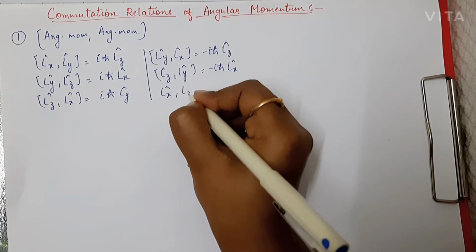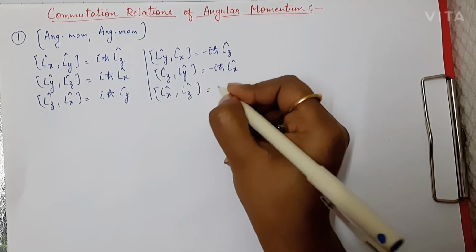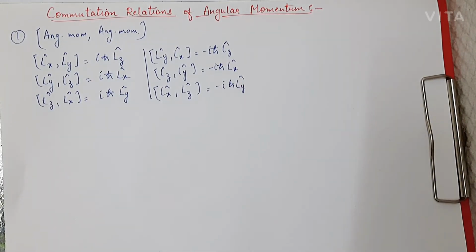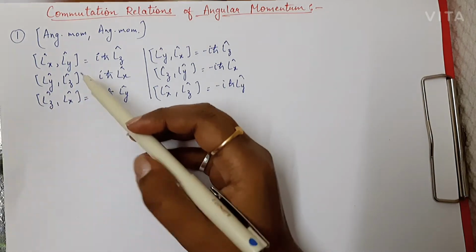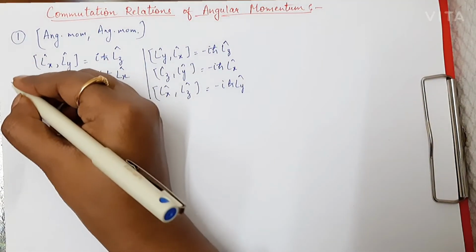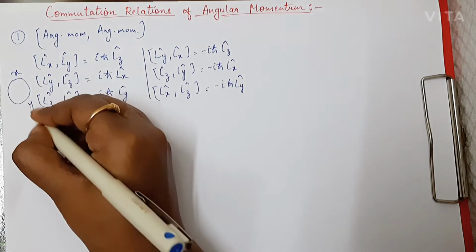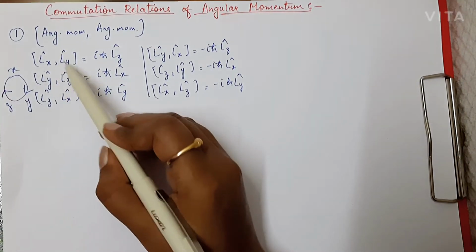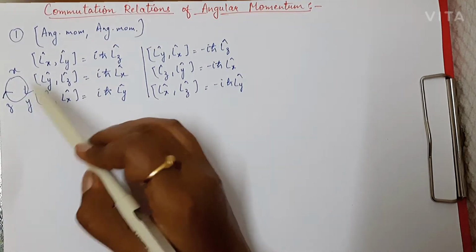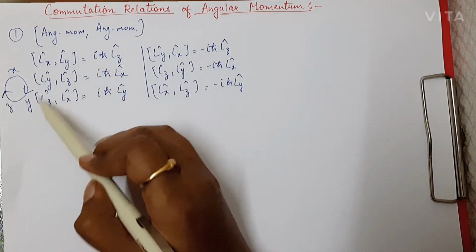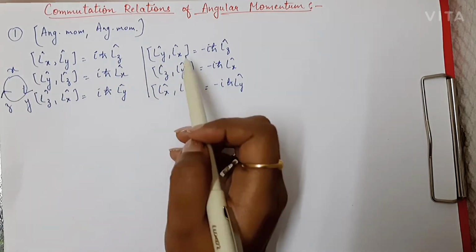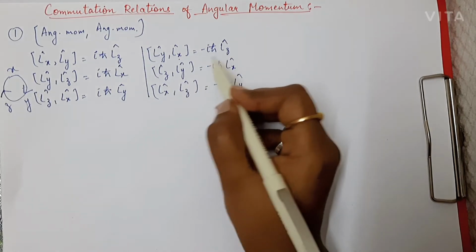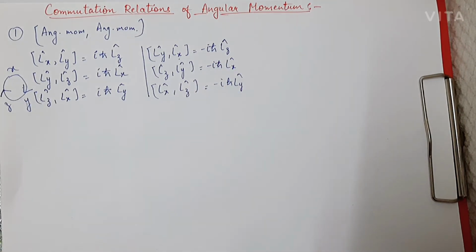Lx Lz will be minus iota h cross Ly. So what you can observe is, if you make a circle of x, y and z, when you are moving clockwise, that is from x to y, your results are positive, and when you are moving anti-clockwise, that is y to x, then results are negative. So this way you can learn these, right?